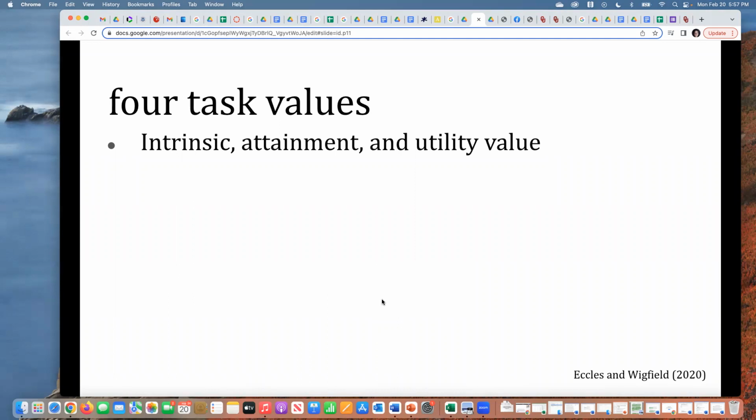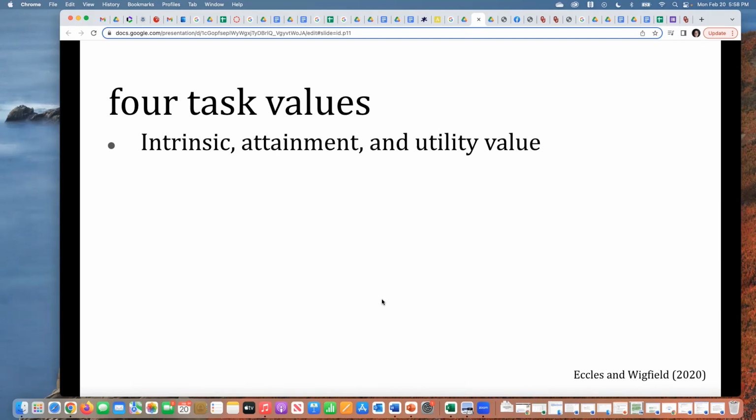If a student sees math, let's say, and being really good at math as being really personally important to them and to how they self-identify, that means they probably have very high levels of attainment value. If they don't see it as being personally important at all, if they don't care at all how good or bad they are at math, and it doesn't really have any bearing on how they see themselves, that means they probably have pretty low attainment value.